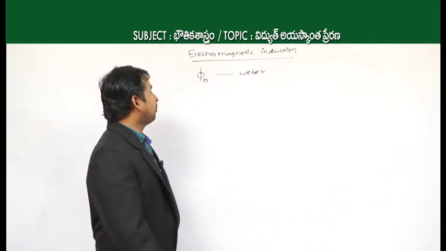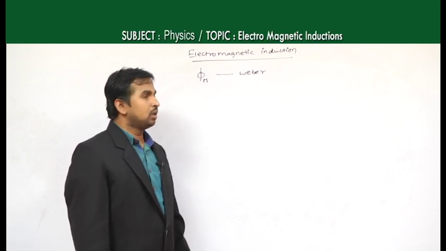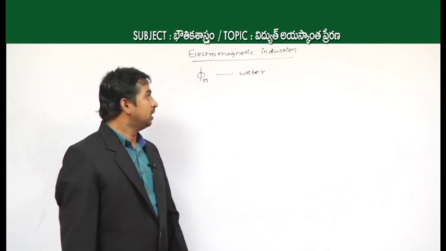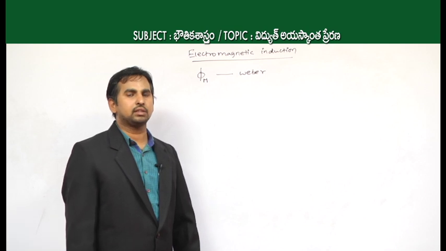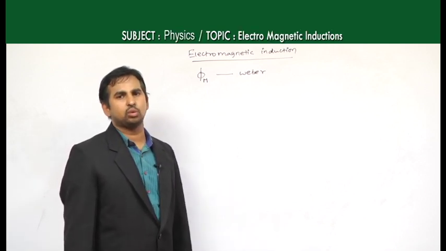Magnetic flux is nothing but the number of magnetic lines of forces passing over an area. This magnetic flux depends on how the magnetic lines of forces pass over that area.